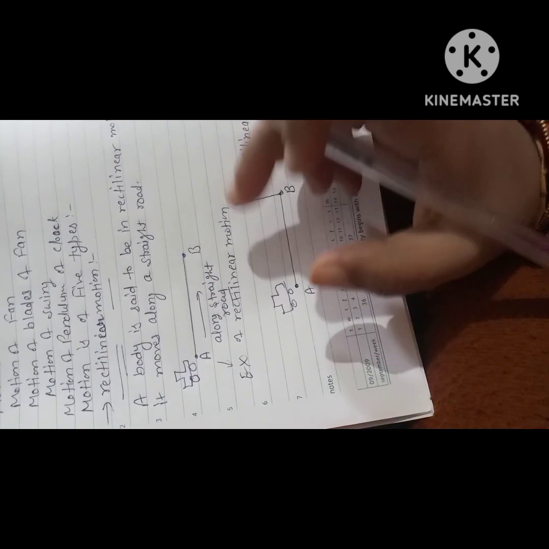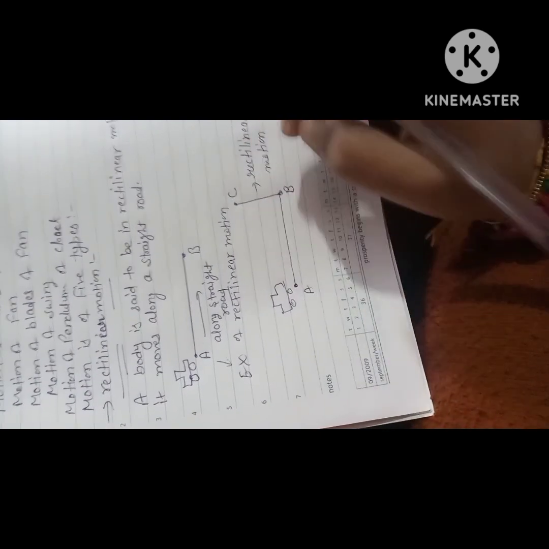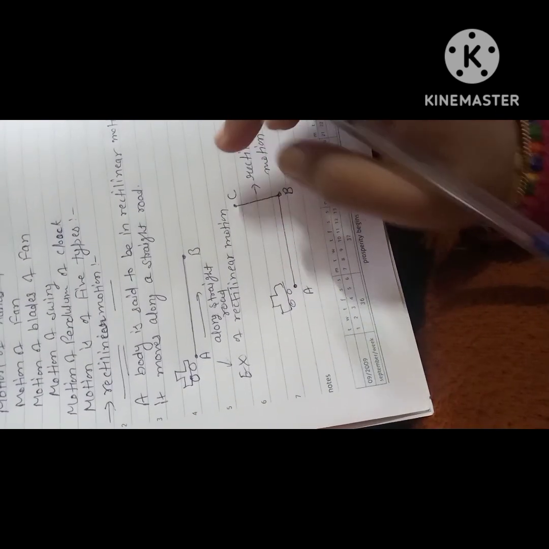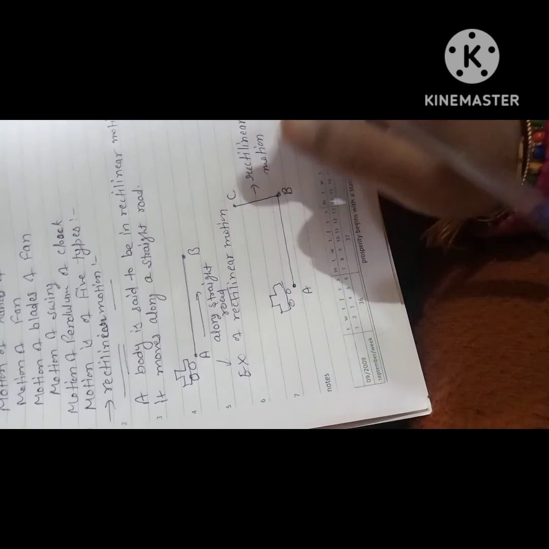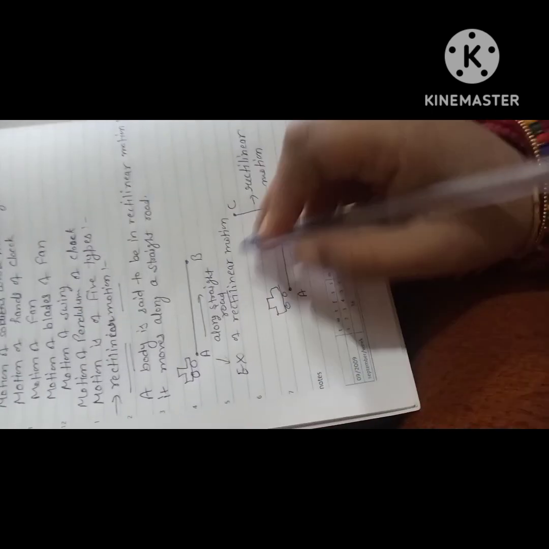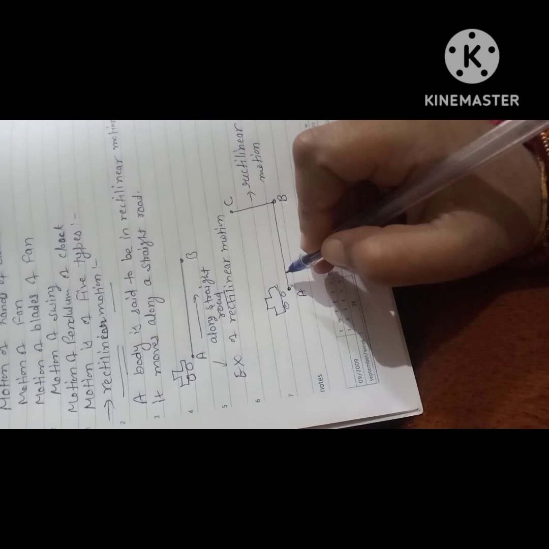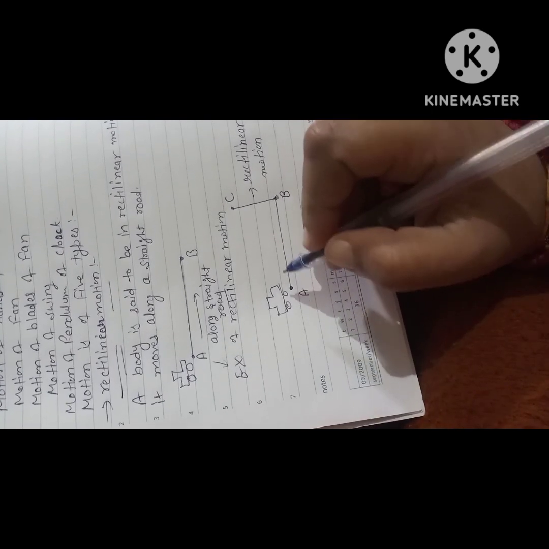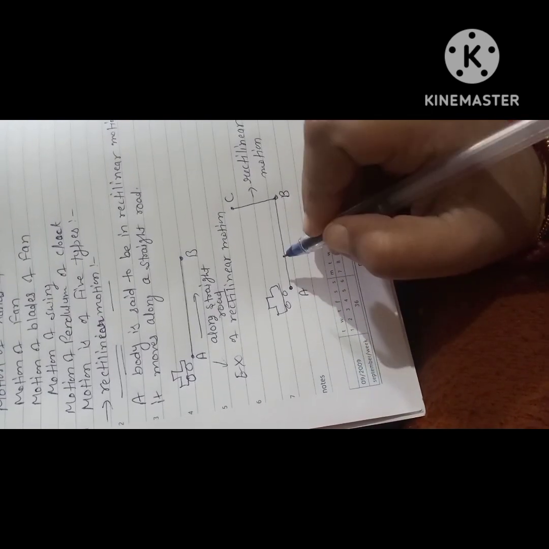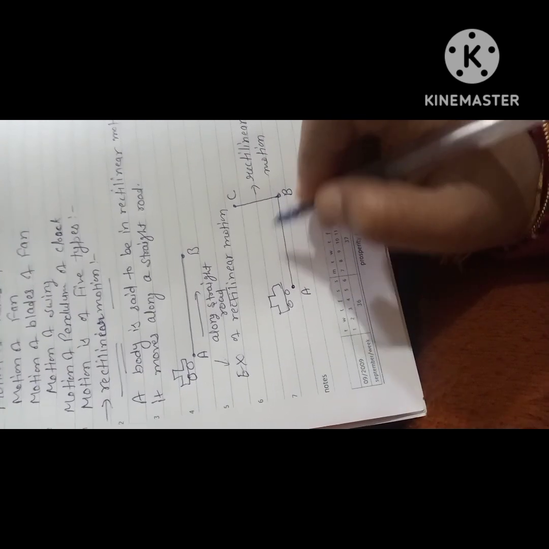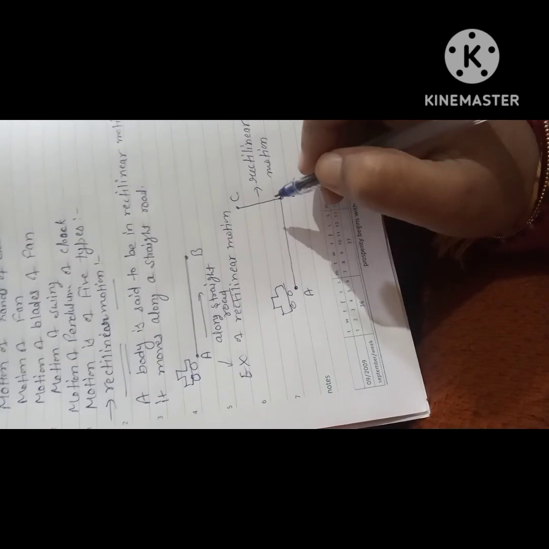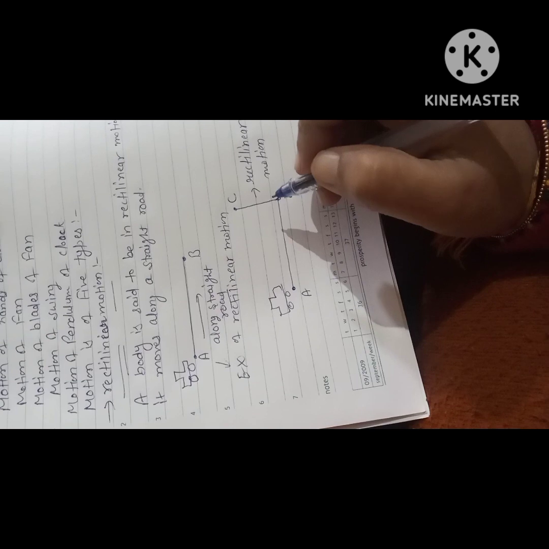Direction of an object may be changed, but the path must be a straight line, so that we can say it is having a rectilinear motion. So for rectilinear motion, only the straight path is needed, not motion in a particular direction.